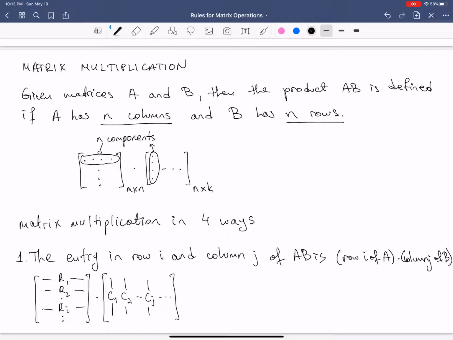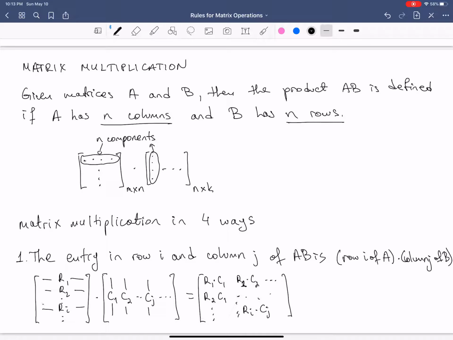It's like K. Then the product would be R1 dotted with C1. That would be the first component. R1 dotted with C2, and so on. And here we would have R2 dotted with C1, and so on. And in fact, let me just say here, we would have Ri dotted with Cj.